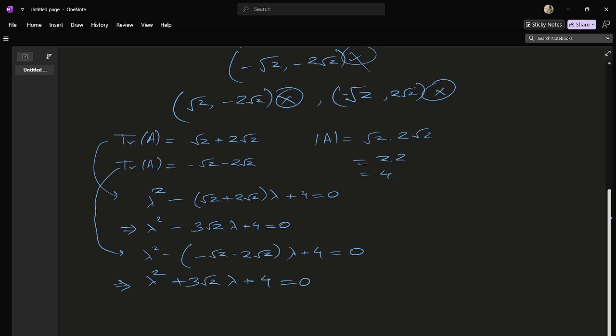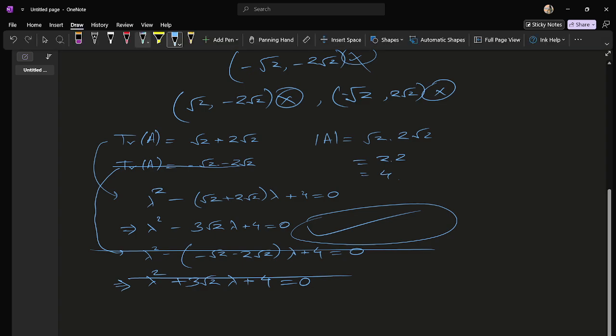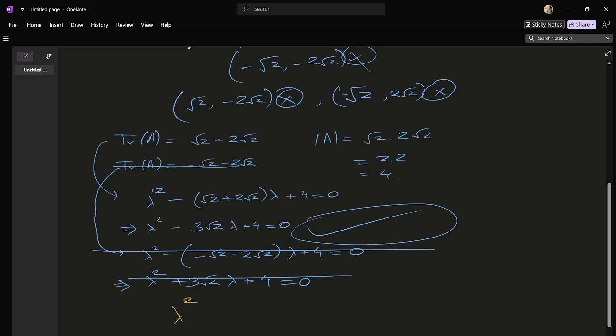So this thing will cancel out, and this is my correct answer. I am going to write it again for you, easy to see: this is my characteristic equation of B. Okay. Thank you guys.